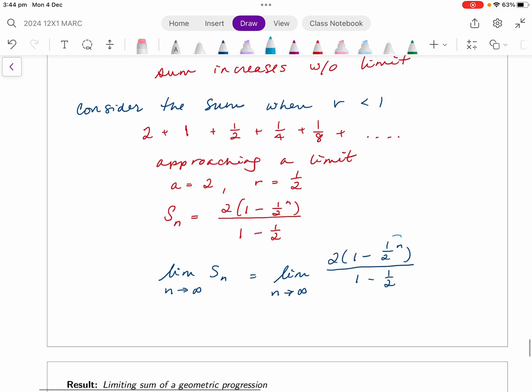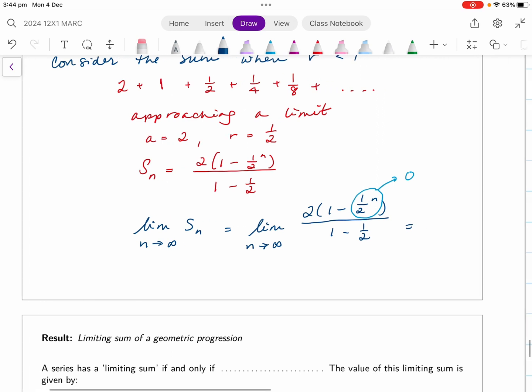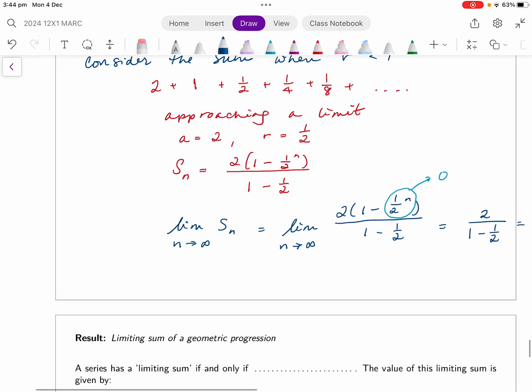So we know this value, that's approaching 0. So really what we're calculating here is actually 2 on 1 minus 1 on 2. So if we do that arithmetic, that sum is approaching 4.